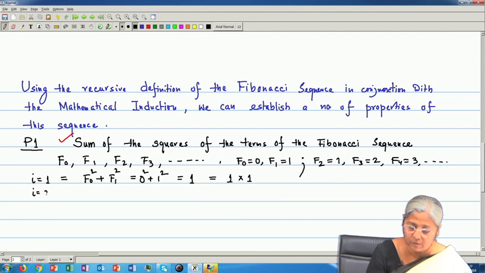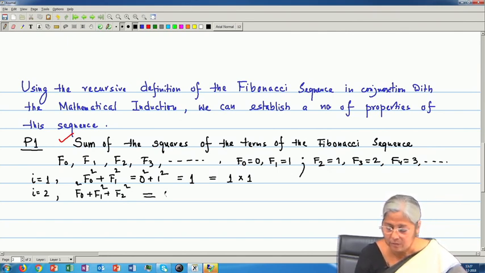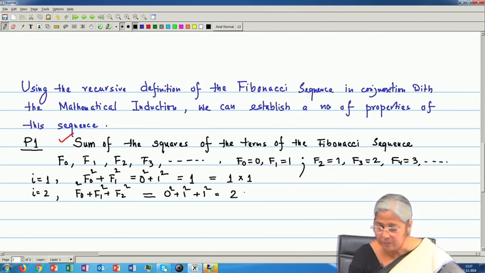Now, if i equal to 2, then the sum becomes f 0 square plus f 1 square plus f 2 square, which is 0 square plus 1 square plus 1 square, that is 2, and this becomes 1 into 2.